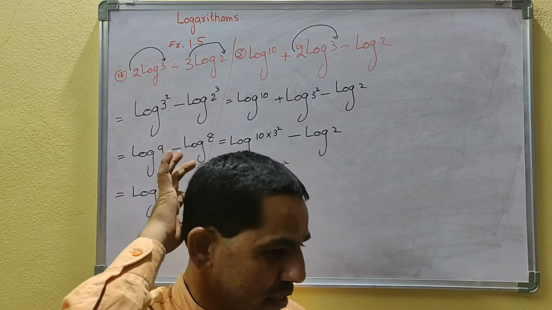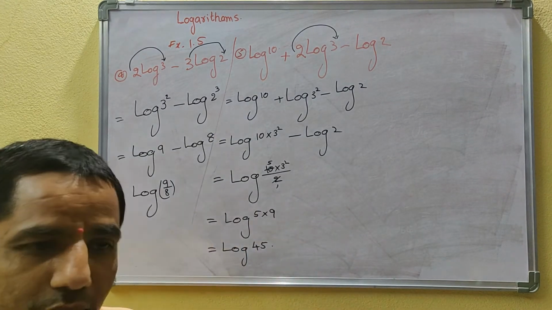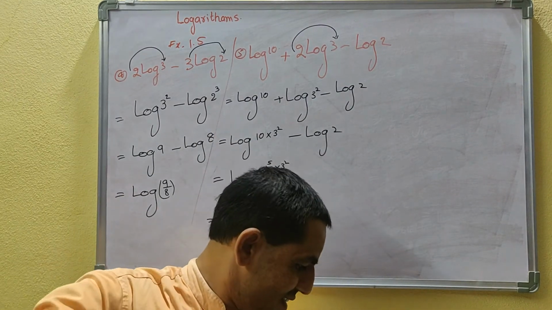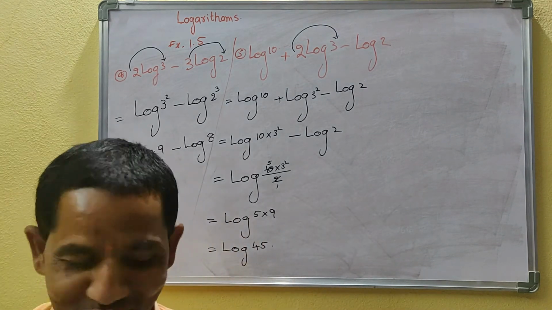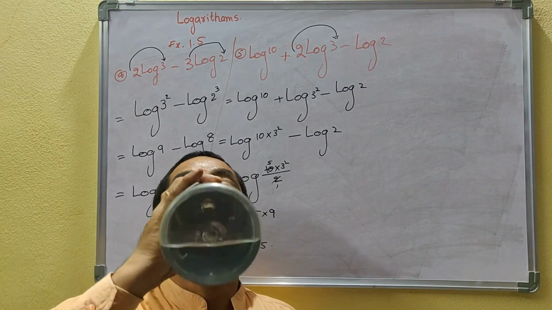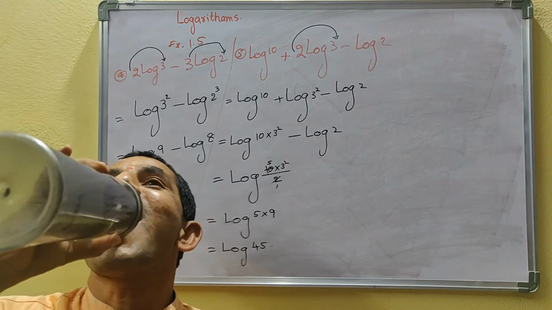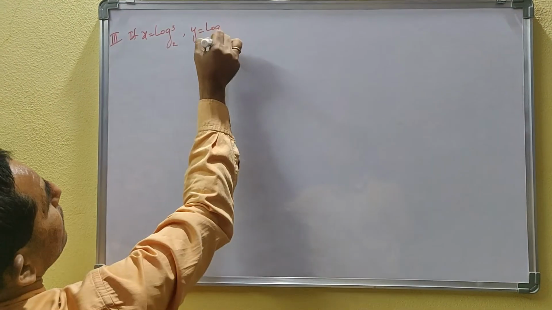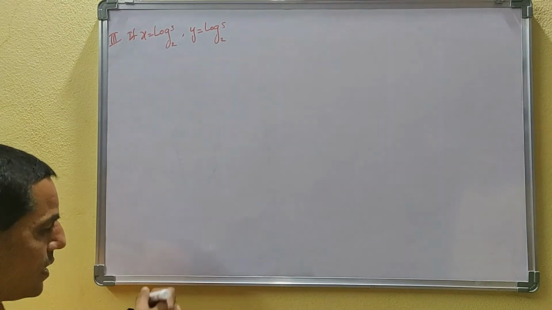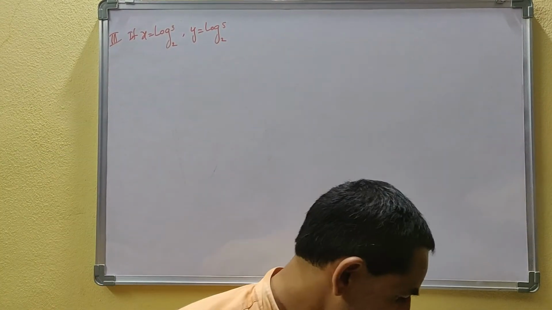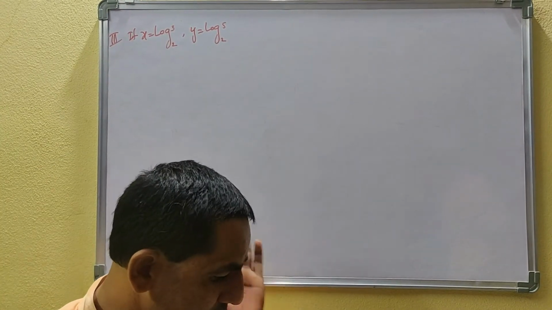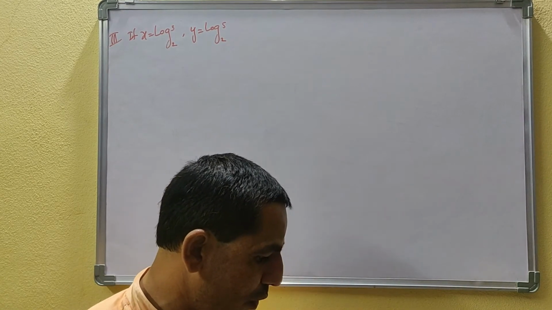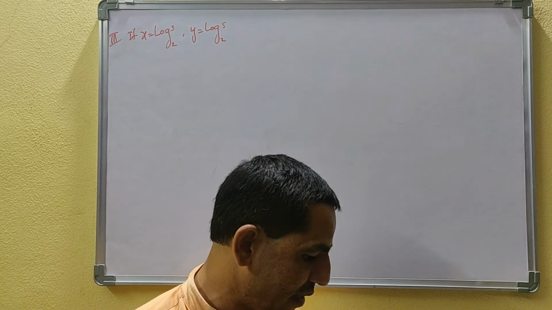Next, the third bit is there. Log 5 base 2. Okay, start it. So next bit, continuation, third bit. Evaluate each of the following in terms of x and y.